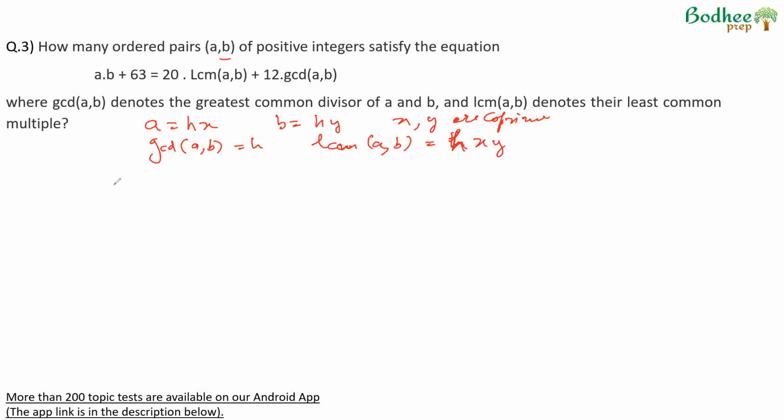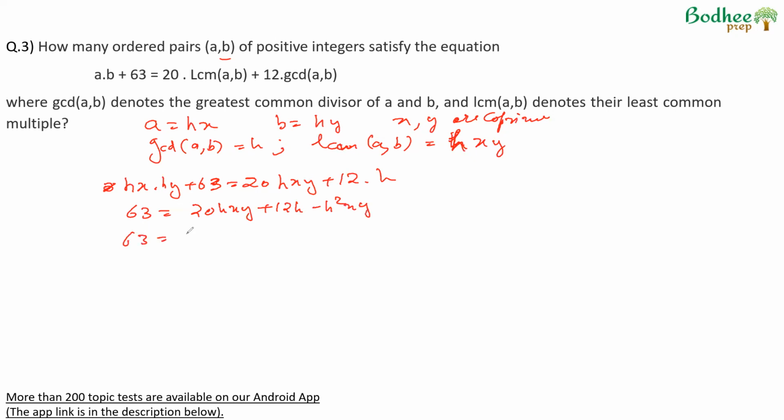So this equation can be rewritten as AB is HX into HY plus 63 is equal to 20 into LCM HXY plus 12 into H. Taking the H terms on one side, 63 becomes 20 HXY plus 12H minus H square XY, and therefore 63 can be written as, taking H common, H into (20 XY plus 12 minus HXY).